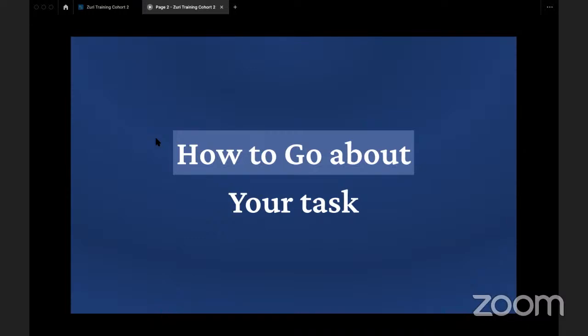Now we'll be talking about our tasks. First off, I would like to know, what's the latest task you have on your elements? Please, I need responses.